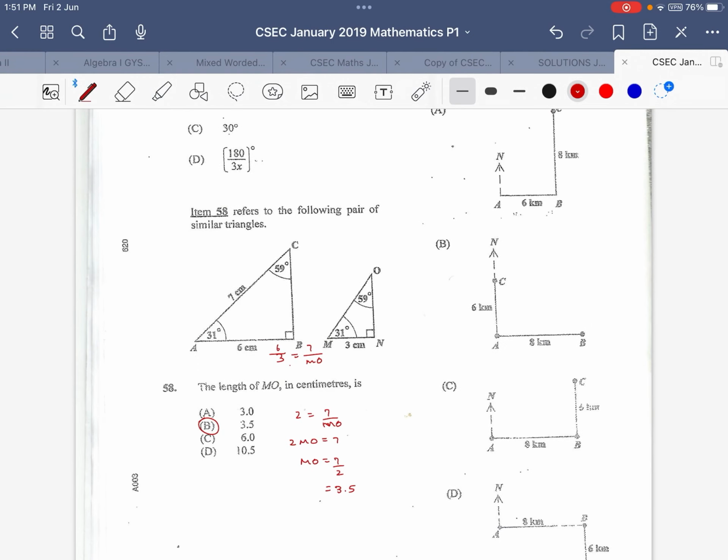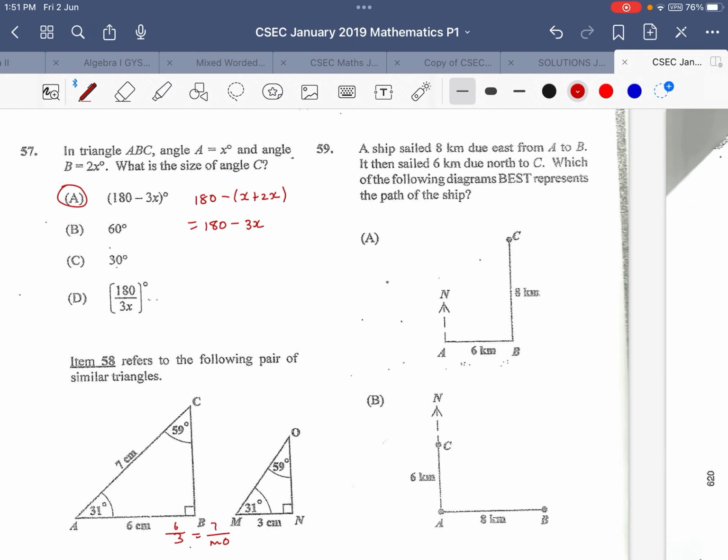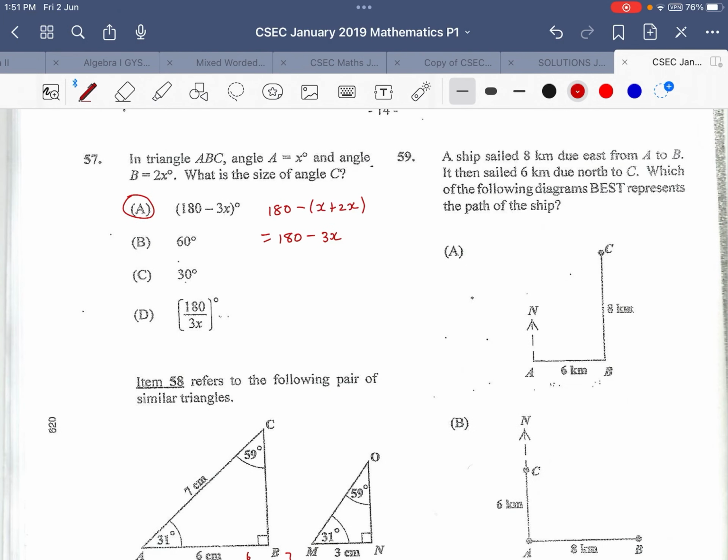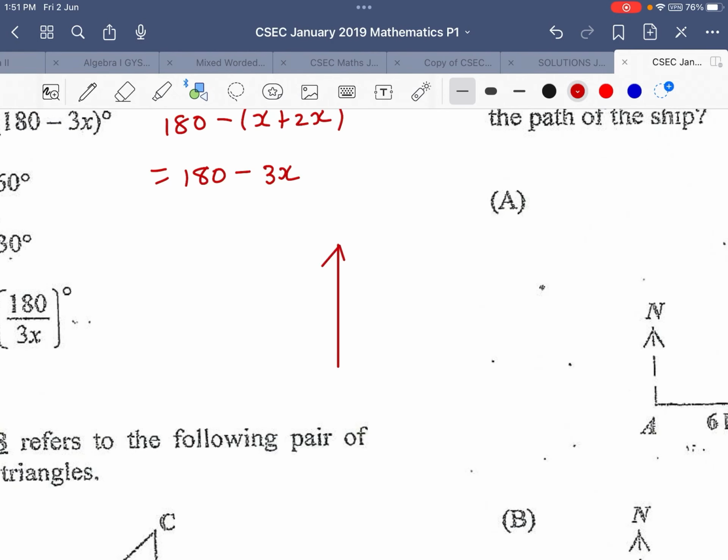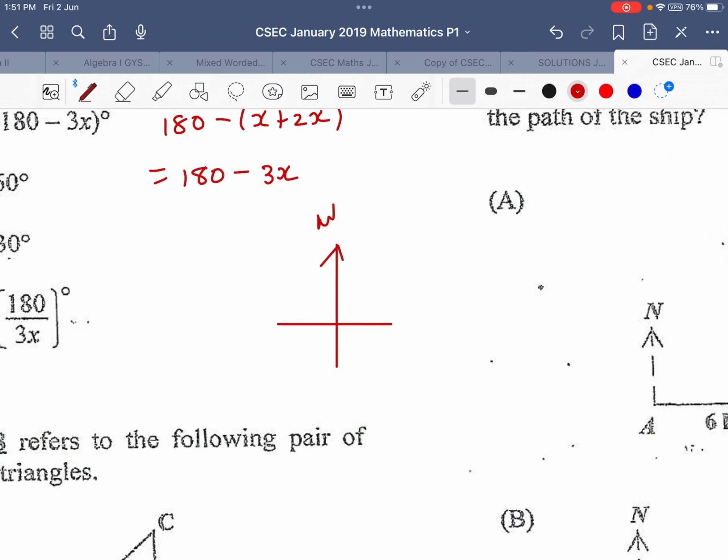Okay, 3.5. Alright, 59. A ship sailed 8 kilometers due east from A to B, and then sailed 6 kilometers due north. Okay, so these are cardinal points: north, east, south, west.